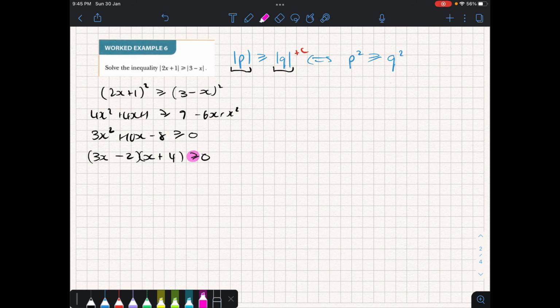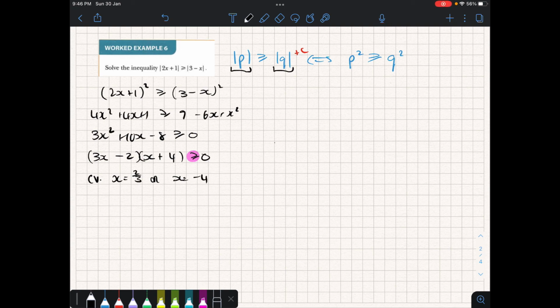And this is a quadratic, so what we're asking is what part of the quadratic is above the x-axis. So what we do is we find the critical values, and those are basically the solutions. So where x is equal to 2 over 3, or when x is equal to minus 4.